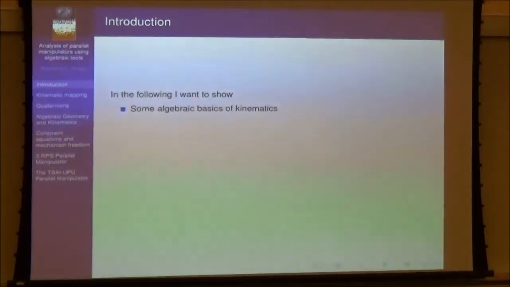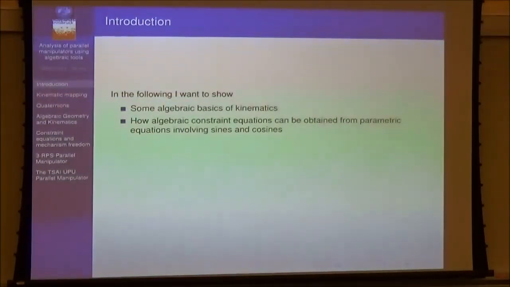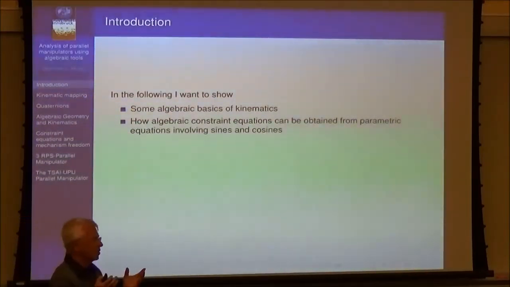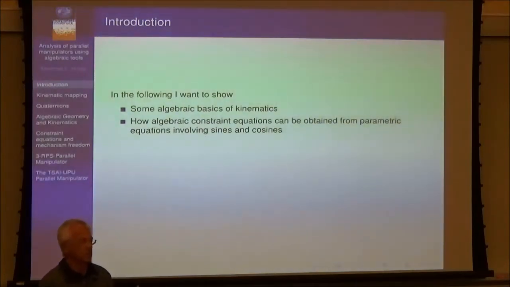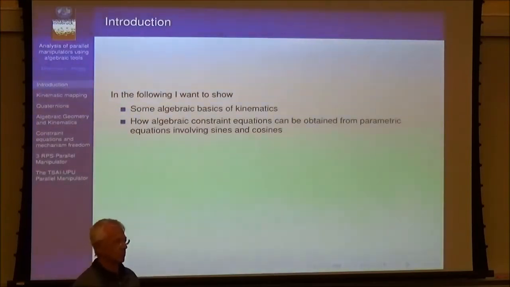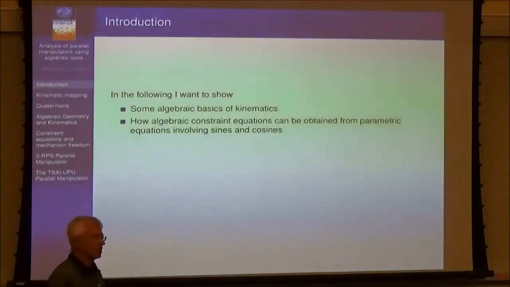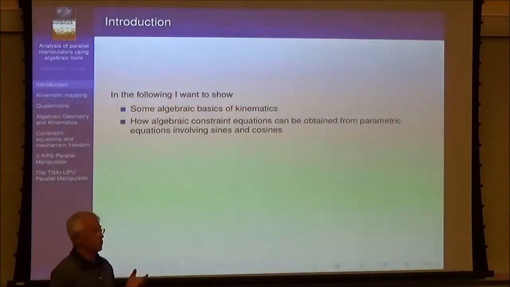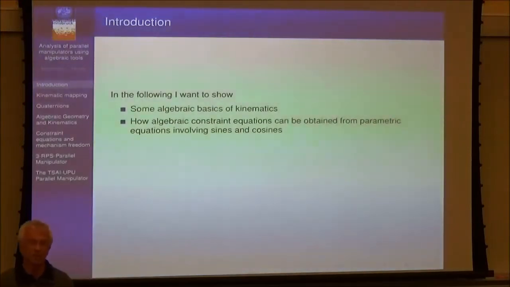In the following, I want to show some algebraic basics, how algebraic constraint equations can be derived from parametric equations involving sines and cosines. This is another motivation why I am going into algebraic geometry. Maybe you don't even know what algebraic geometry is. Algebraic geometry is the geometry working with polynomials. So there should be no sine, no cosine. The reason is we want to use algebraic manipulation systems.